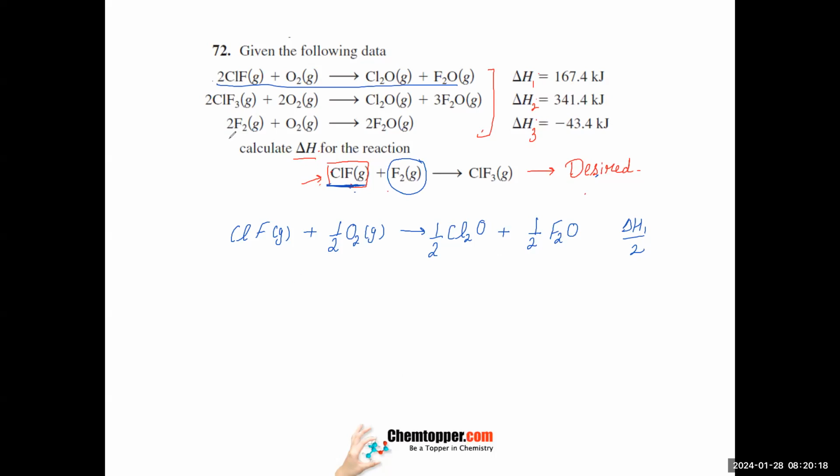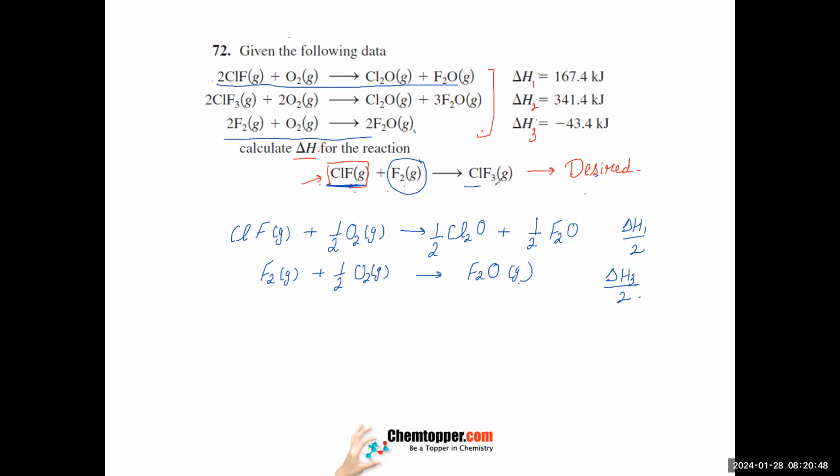Let's take equation 3, children, because I want F2. One F2 is with 2 F2, so I'll divide it by 2. F2 gas plus 1 by 2 O2 gas, and this 2 F2O will become just F2O. So delta H3 divided by 2.